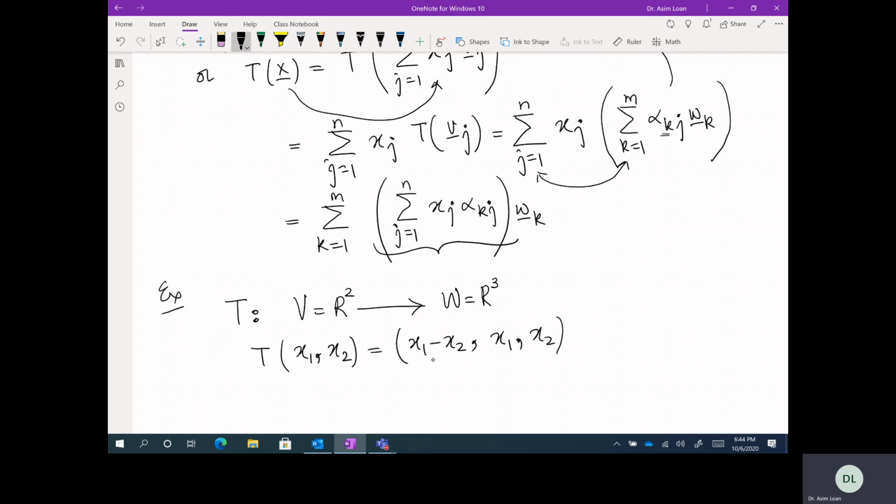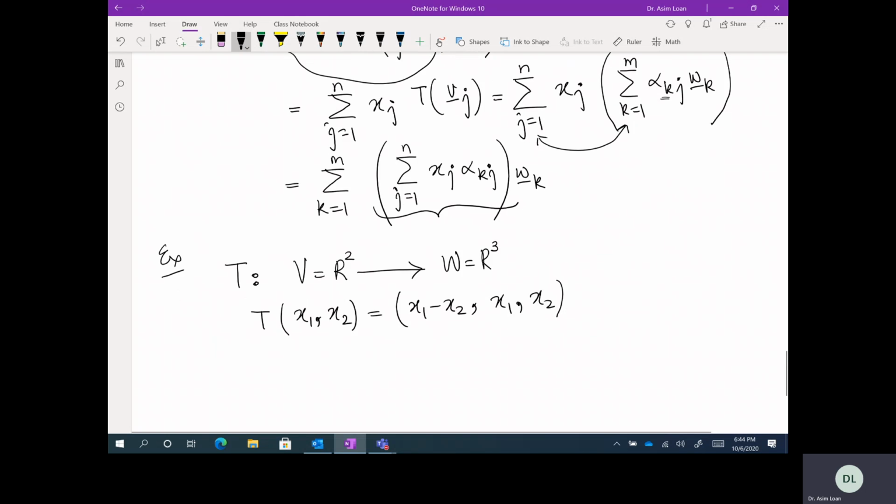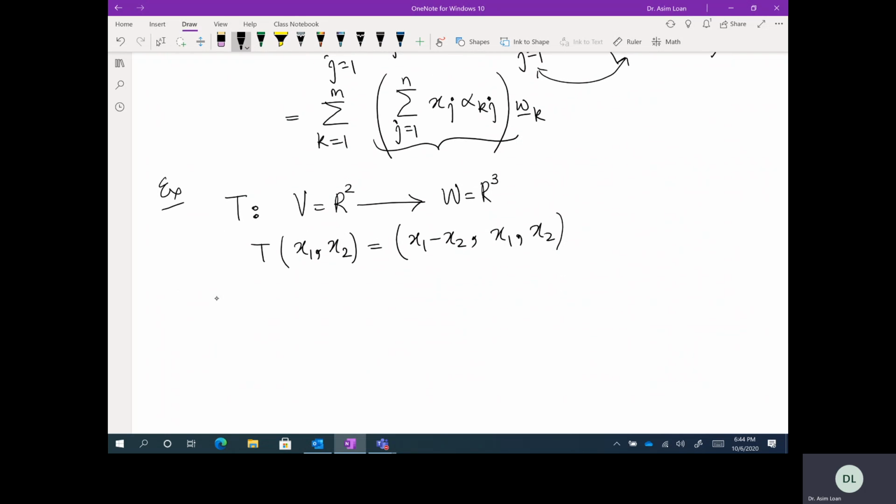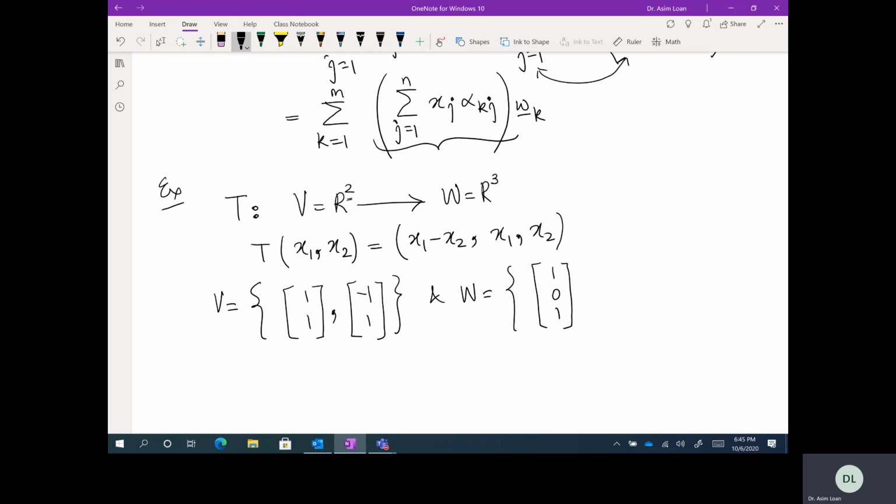So the first component is simply the difference of the two components, and the others are as is. Suppose V has these bases, 1 1 because it's R2, so (1, 1) and (minus 1, 1), and W has the basis (1, 0, 1), (0, 1, 1), and (1, 1, 0).